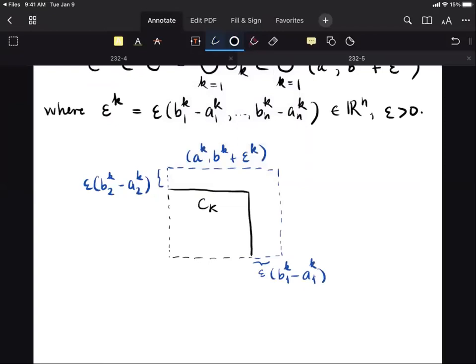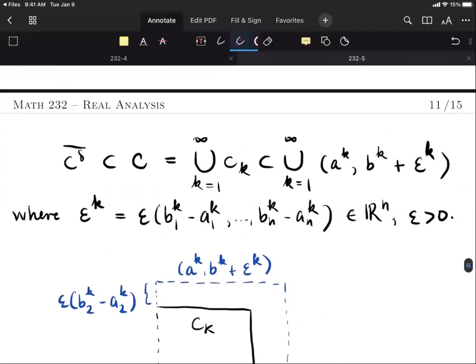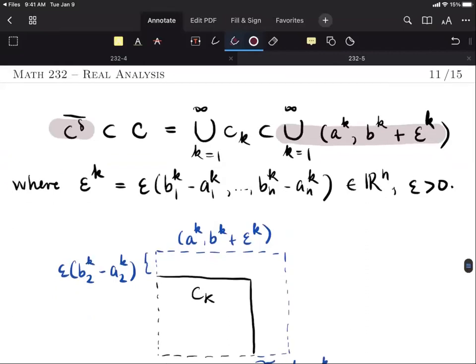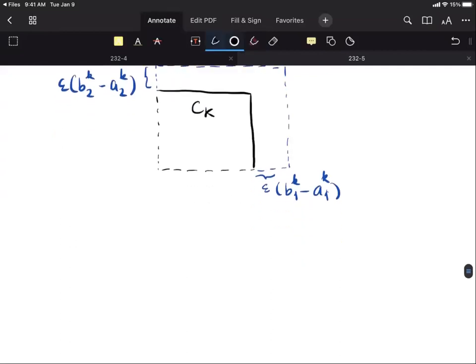So here, if you look at this one, we have an open covering of the set C delta closure. You know that this is compact since it is closed and bounded.